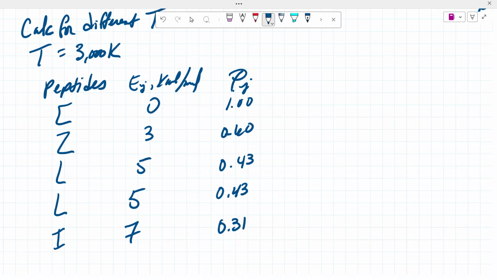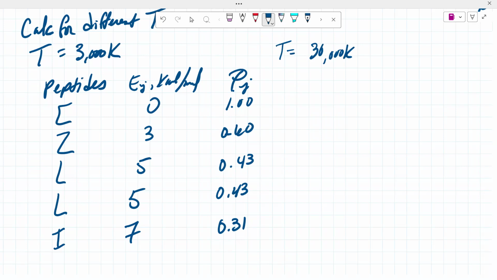And then what we would do is repeat this calculation. We would want to do this with a variety of different temperatures. So for example, we could also do this at 3000, one order of magnitude hotter.